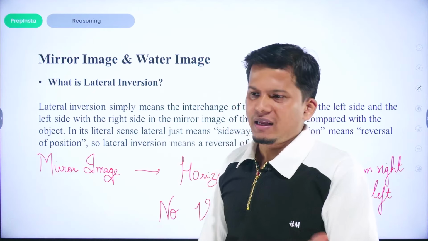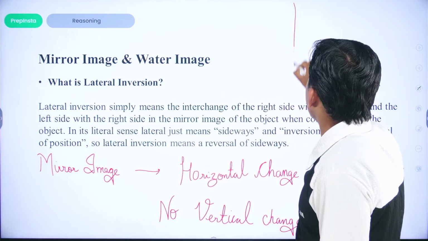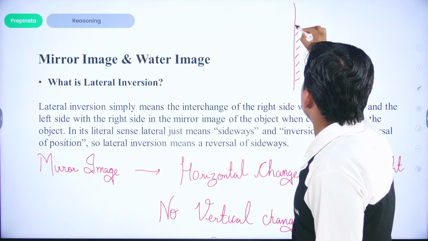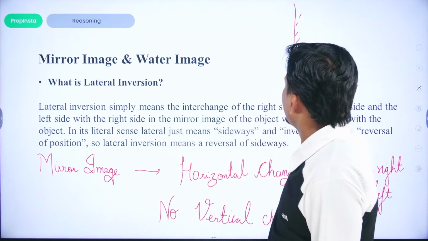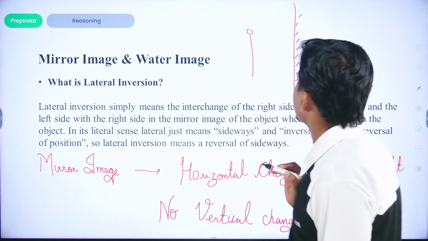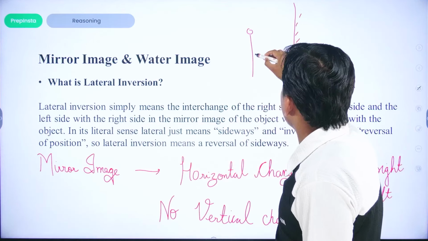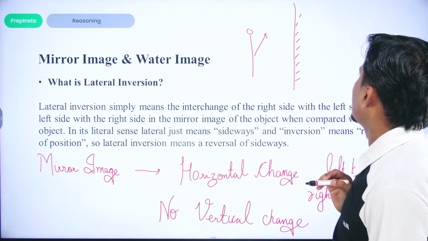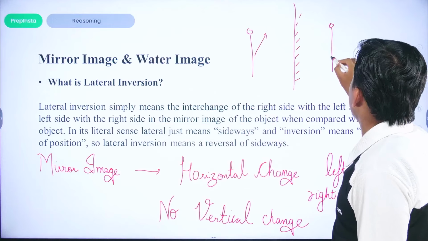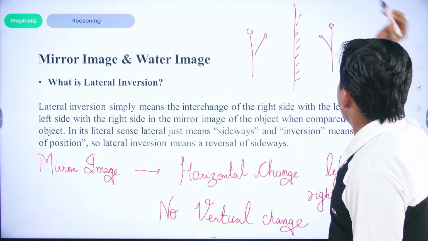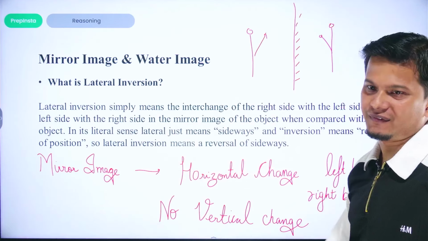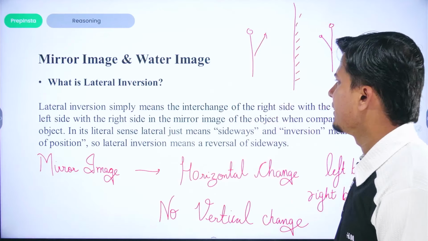Or suppose this is the mirror, and a person is standing here, and if he is waving his left hand, then in this particular mirror image, it will show the left hand, right? This is the basic concept of a mirror.